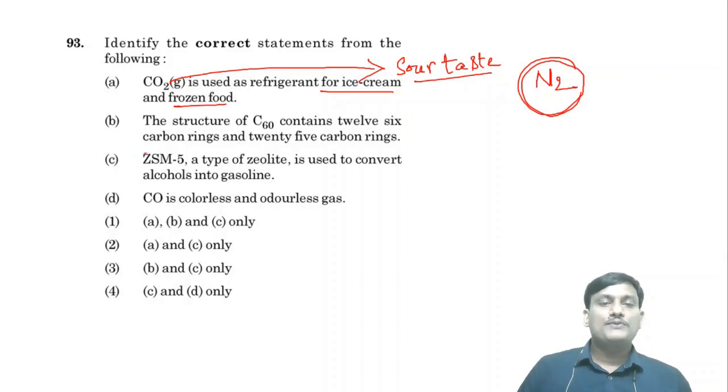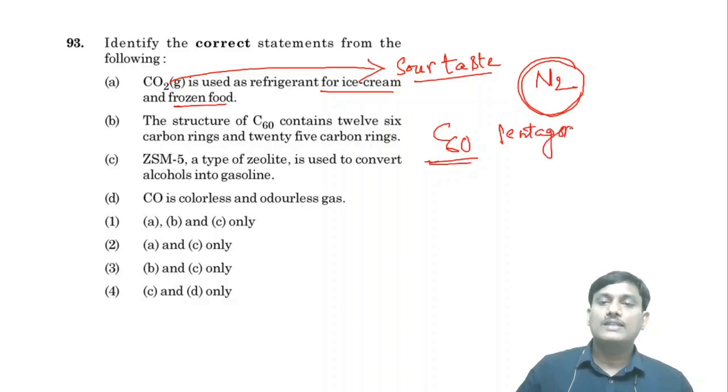The structure of C60 contains 12 six-carbon rings and 25 carbon rings. We know that if you take C60, it has pentagon units and hexagon units.